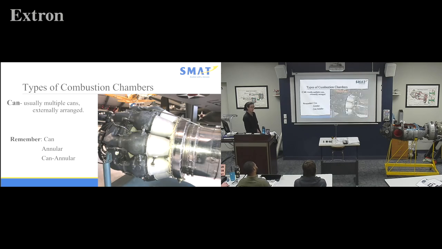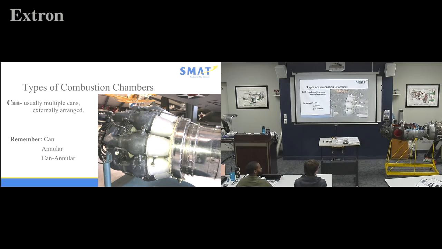So the first one we're going to talk about, the can, is usually multiple cans. You can have a single can, like you're going to see on the Allison 250, which is over here. I brought one in. You'll be doing your labs on these.